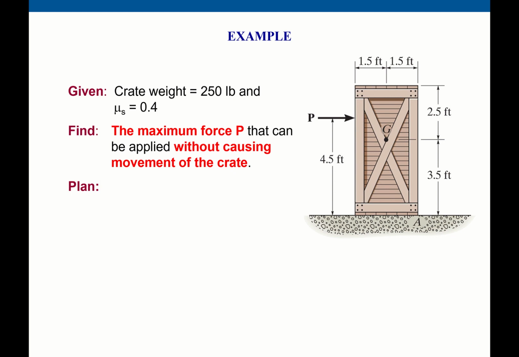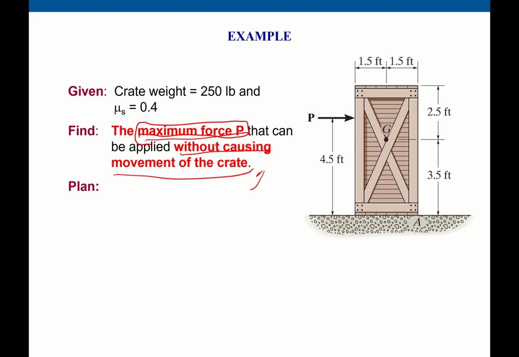The question is to find the maximum force P that can be applied without causing movement of the crate. That means we have to find the force that creates the static frictional force, which is impending motion.